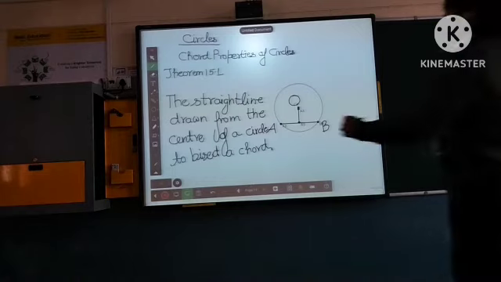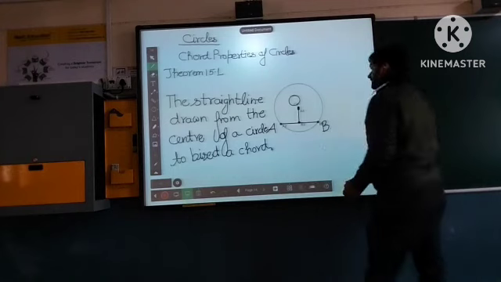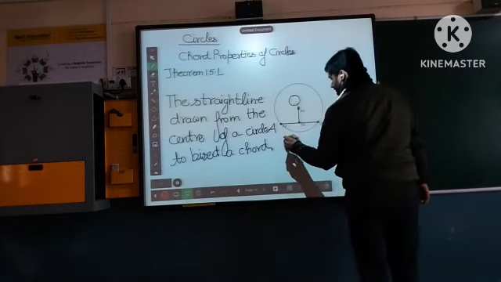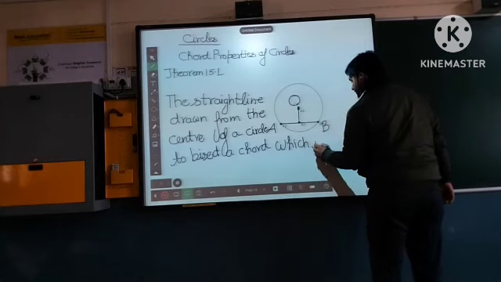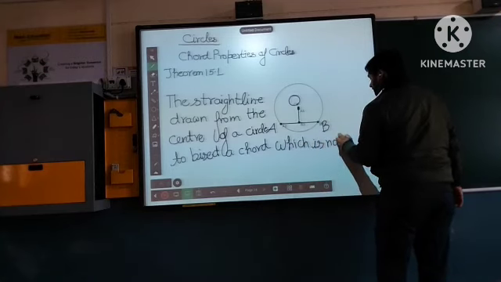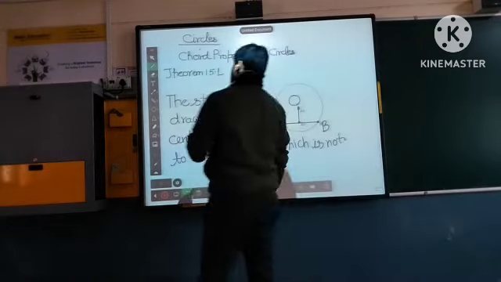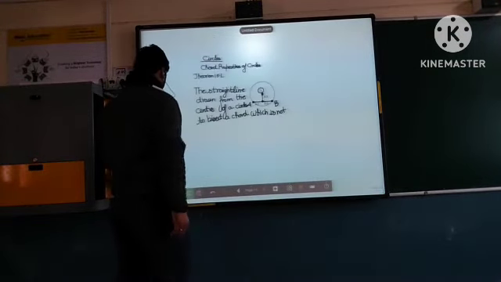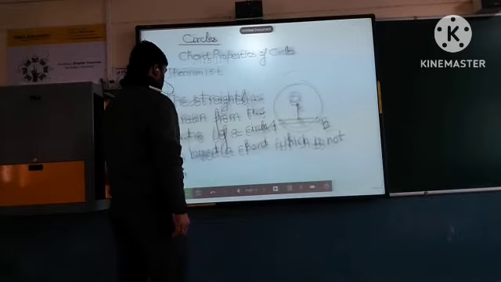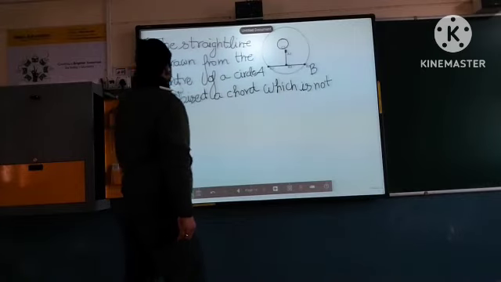It will be perpendicular to the chord, which is not a diameter. So this particular criterion has to be ensured. This theorem is not valid for the diameter part. You can see this theorem is valid for all the chords except the diameter.